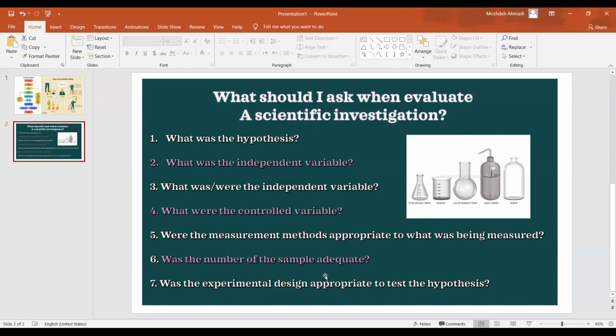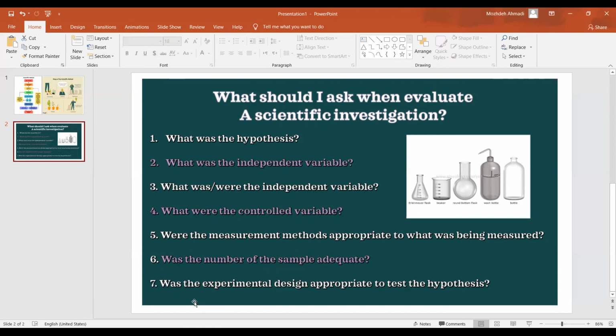In that way your experiment will be faulty, because the number of the sample, for example 10 people from just one area, cannot represent a whole population, for example in the world, right?